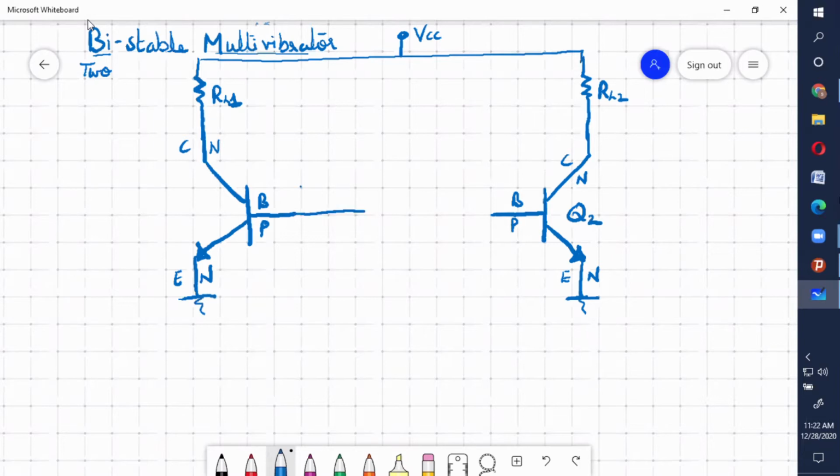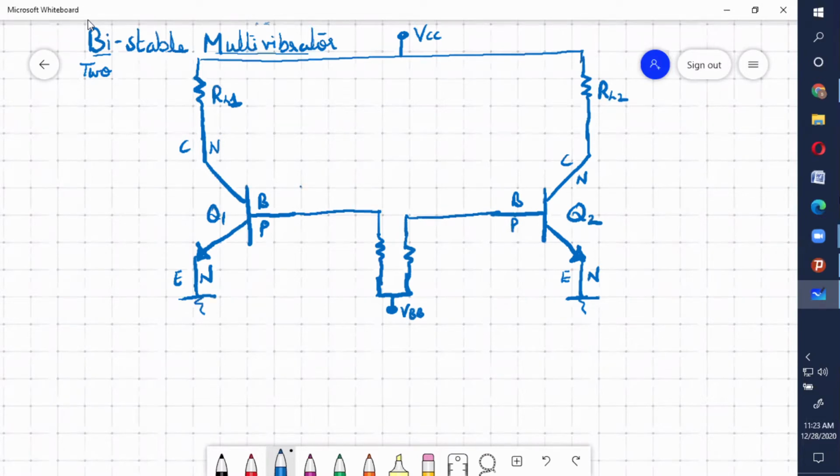Finished? This is the Q1 transistor, which is also an NPN transistor.